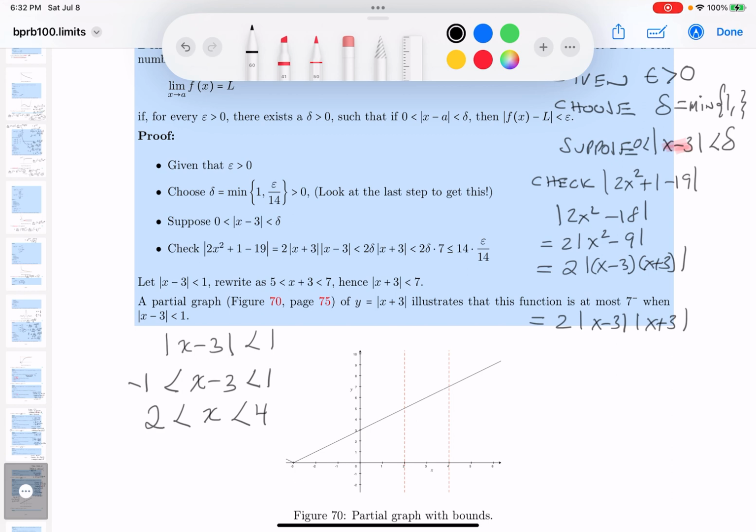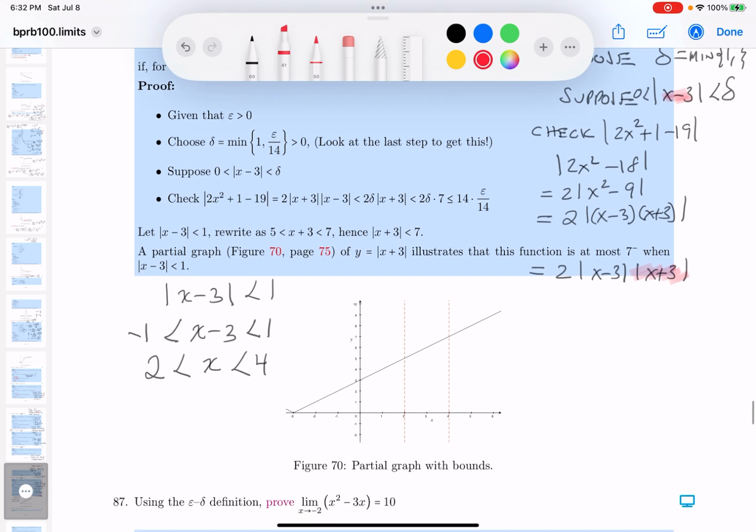So really what I'm trying to look at here, I'm trying to get an upper bound to it. So what do I know? I know the absolute value of x plus 3 looks like this. And minus 3 is over here.